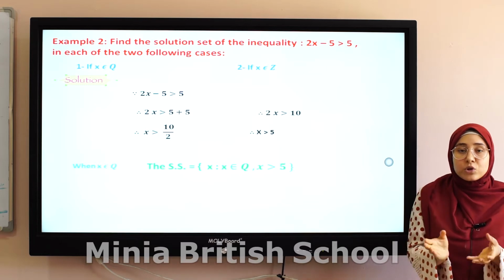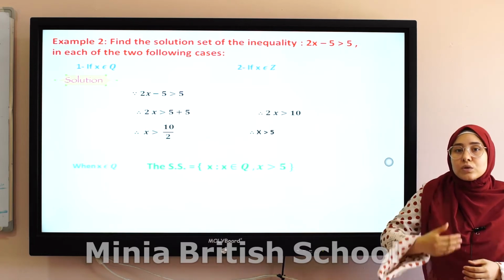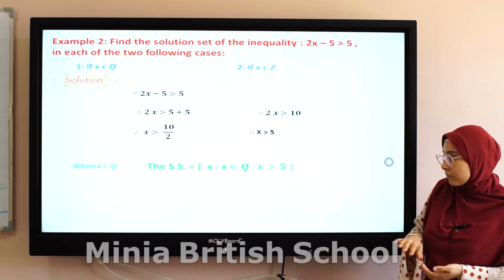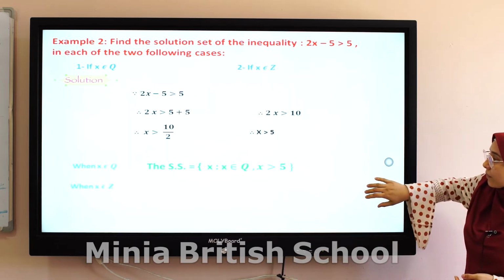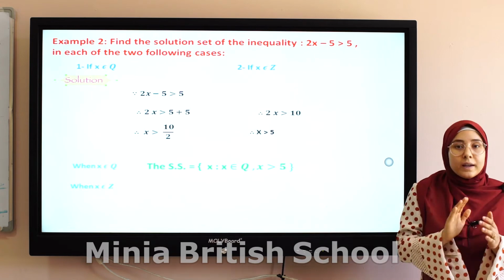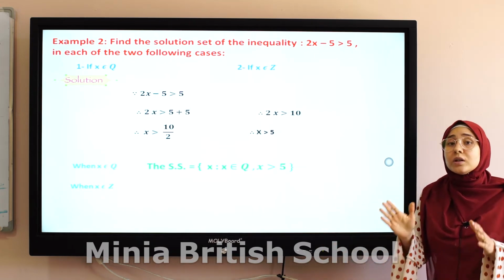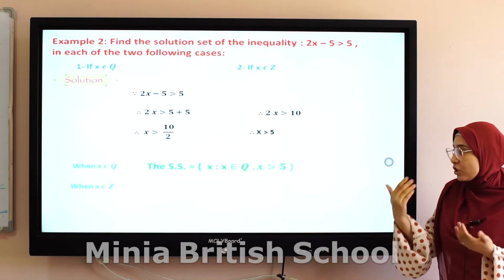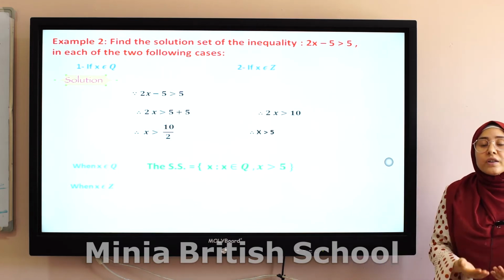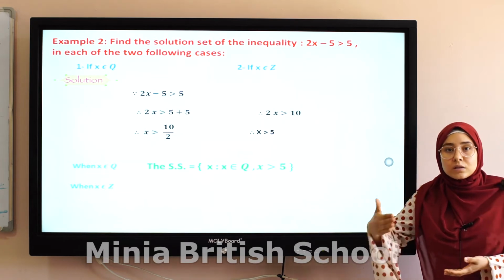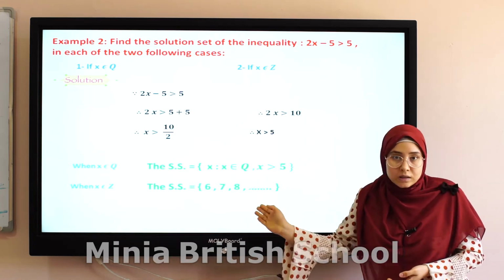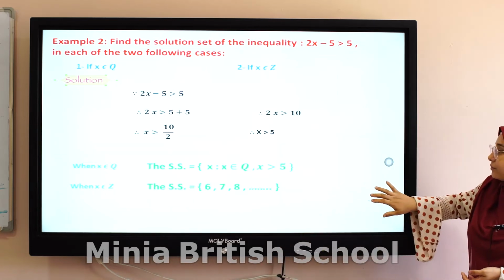It's called the description method because it is difficult to list all elements. But when x belongs to the integers, x greater than 5, which integers are greater than 5? 6, 7, 8, and so on. So the solution set is 6, 7, 8, and so on. Okay?